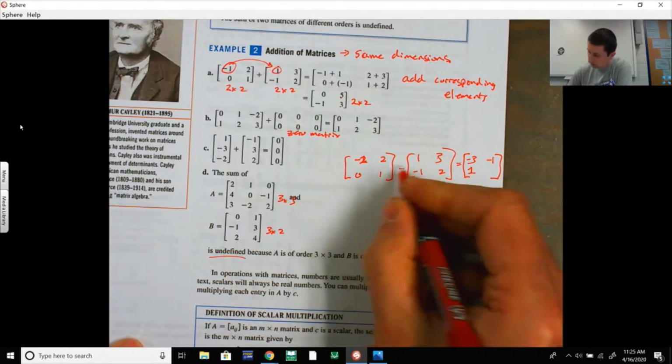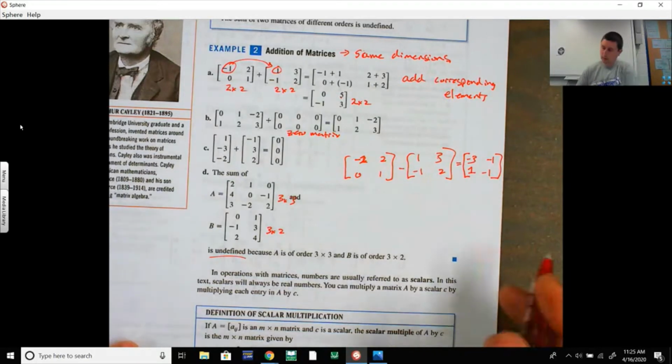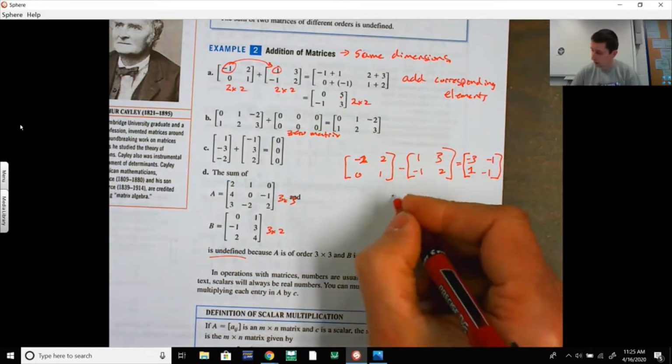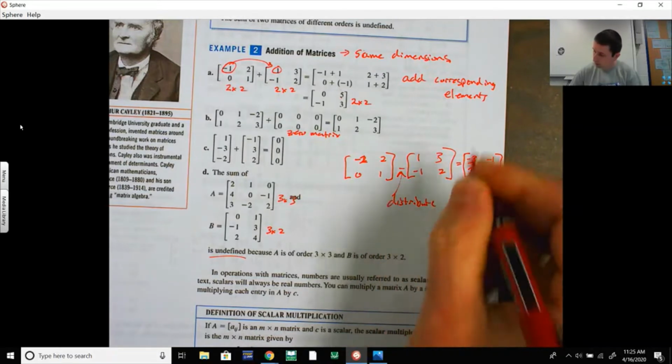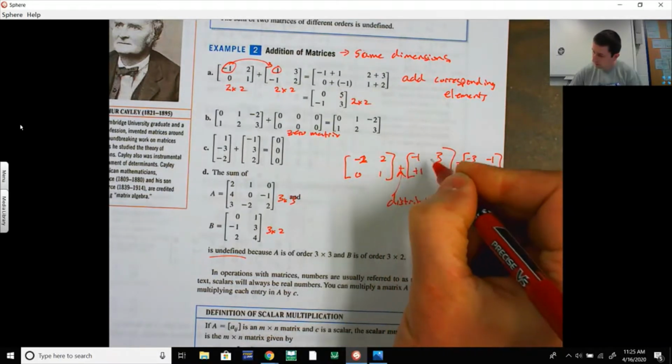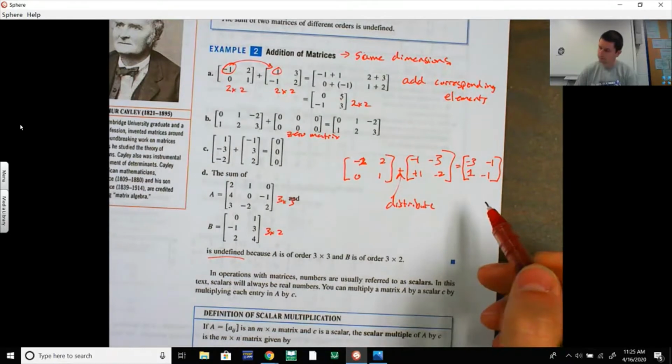And then 1 minus 2 would be -1. So if you're subtracting, make sure you distribute that to everything on the inside. If it's helpful, you can change that to a plus and then change all the signs in here if you want to. Sometimes that's a little bit easier.